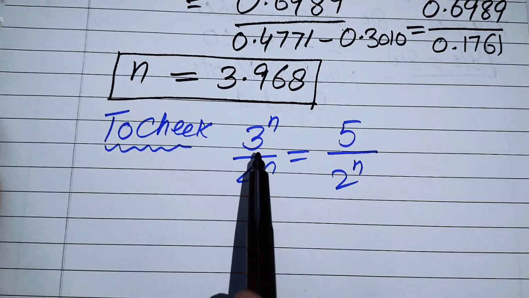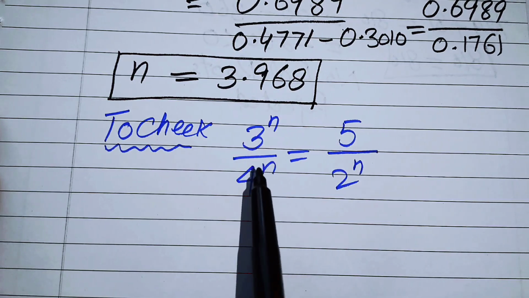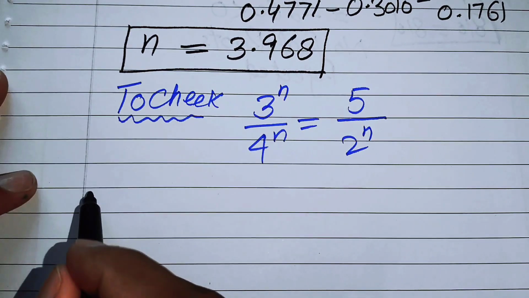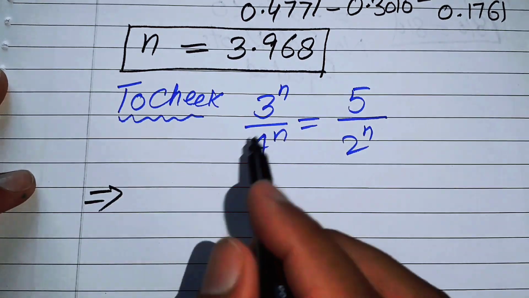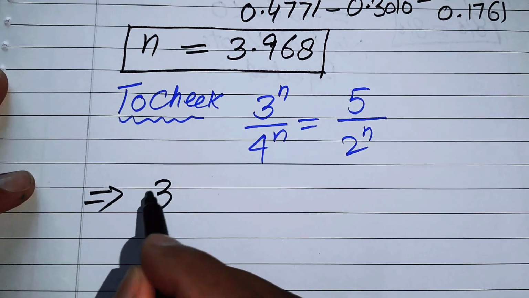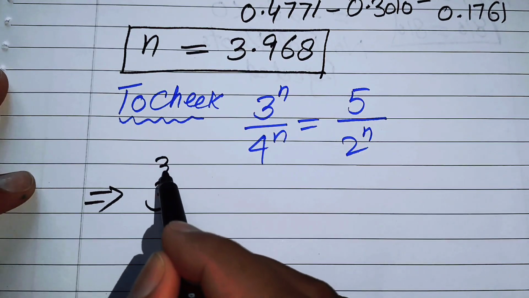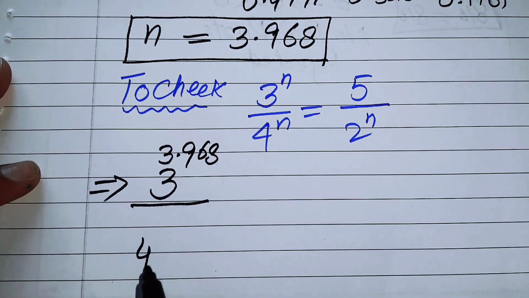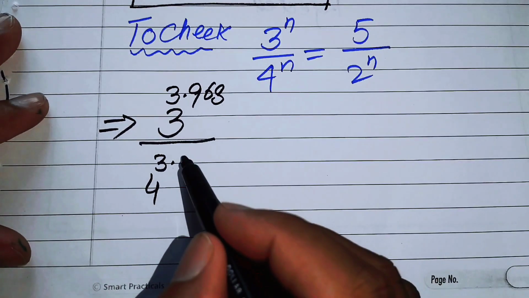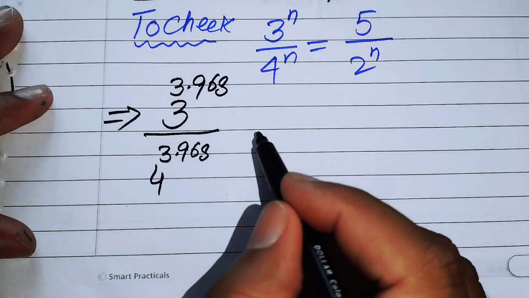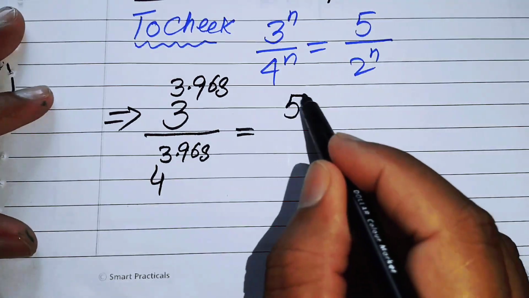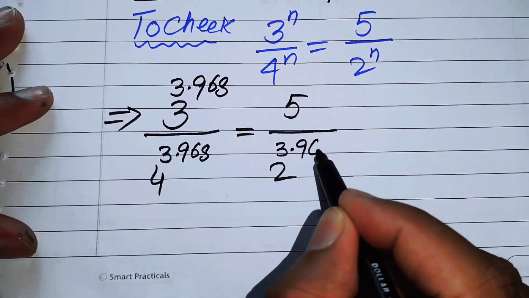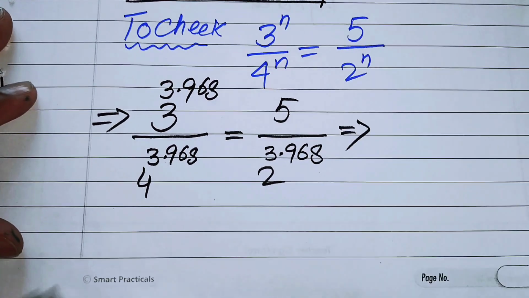We will put this value in the left and right sides, so that you get 3 to the power of 3.968 over 4 to the power of 3.968, which is equal to 5 over 2 to the power of 3.968.